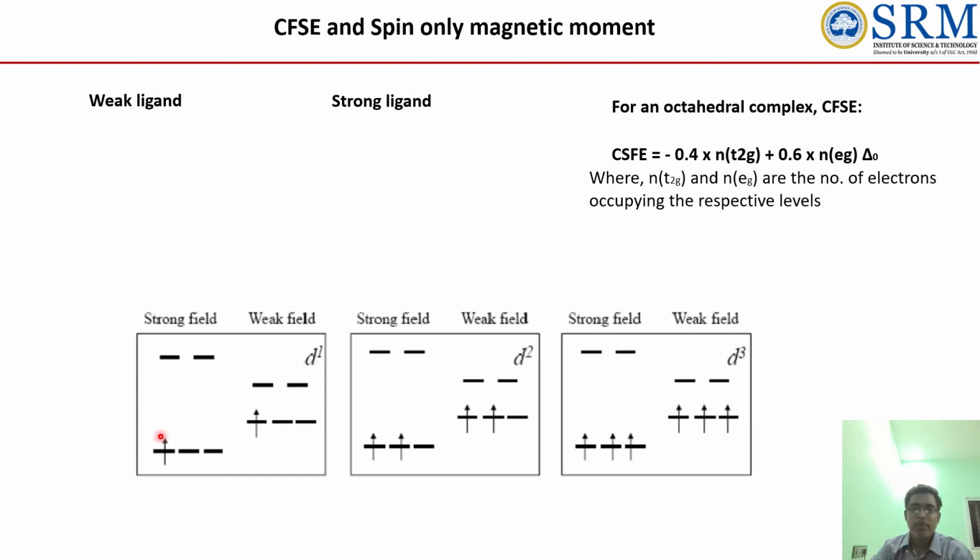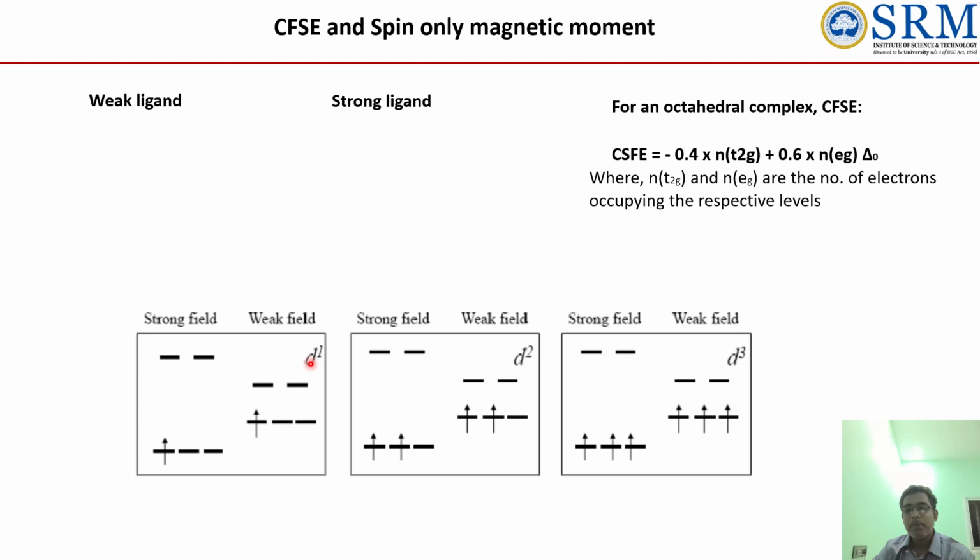So we will have a comparison of how these CFSE can be calculated for the various d systems in the presence of stronger and weaker field. If this is a d1 system, whether it is a weak field or strong field, the first electron is going to occupy the t2g. So it will have a stabilization of 0.4. It doesn't matter whether it is weak or strong, your CFSE remains the same.